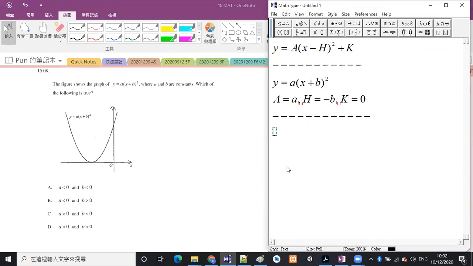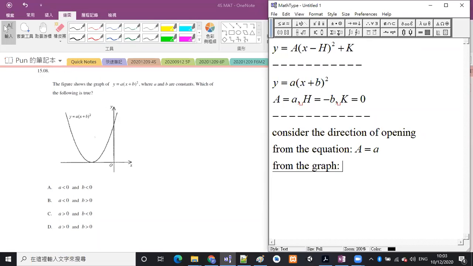Okay, but from the equation, we will consider the direction of opening first. From the equation, we know that the formula A is equal to A, and from the graph, we can see that the graph opens upwards. Okay, which means that the A should be larger than 0.